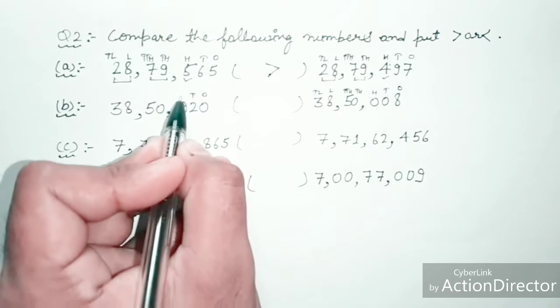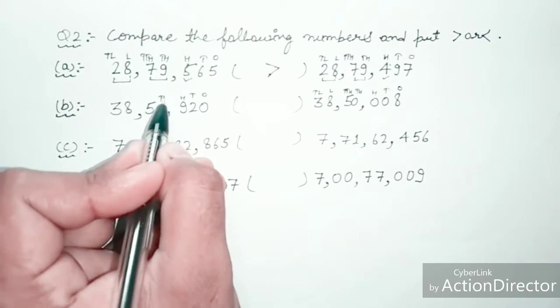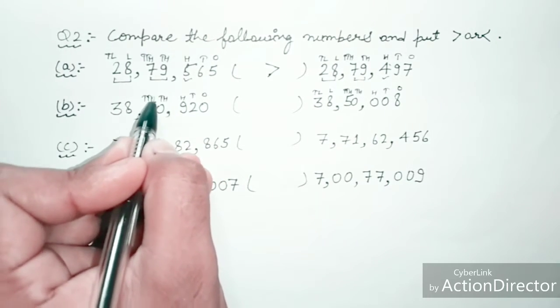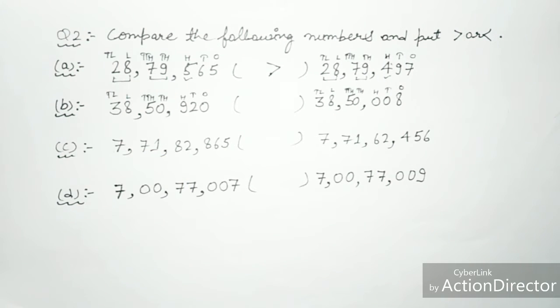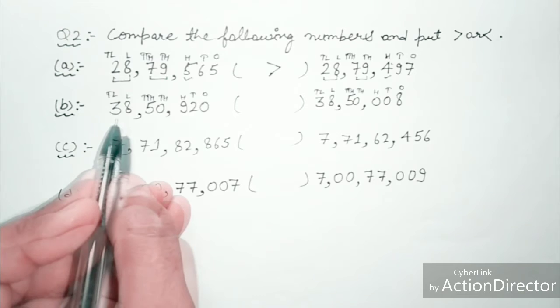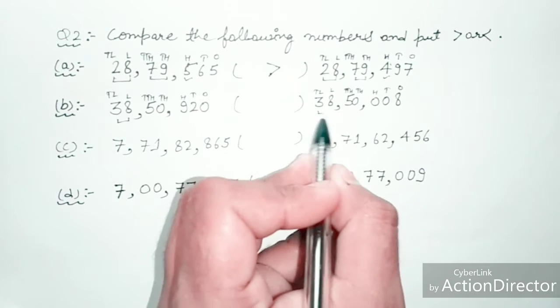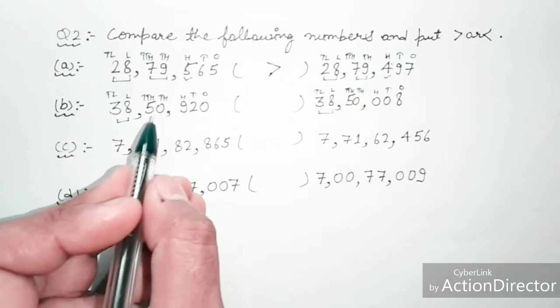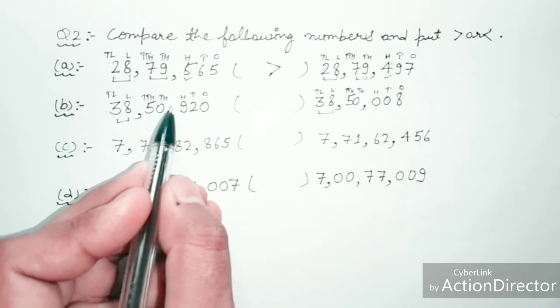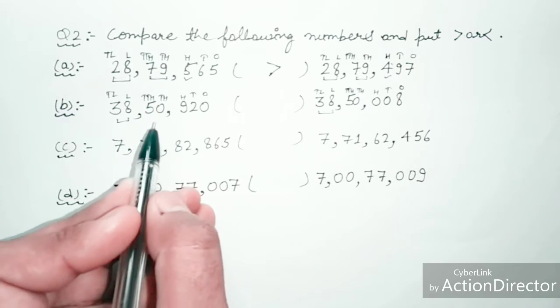Ones, tens, 100, 1000, 10,000, lakh and 10 lakh. Now we compare 10 lakh and lakh place. We see these both numbers are same. Now we compare these places, 10,000 and 1000 places.